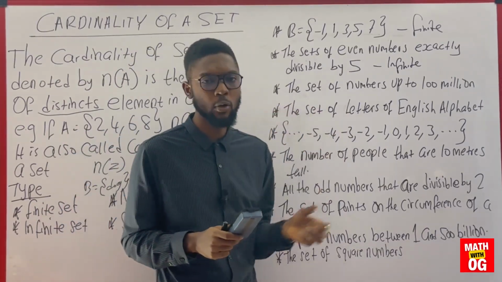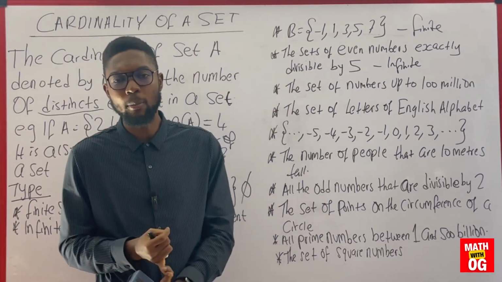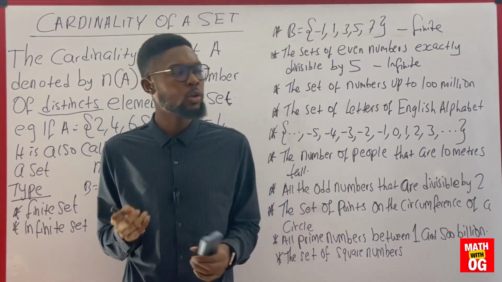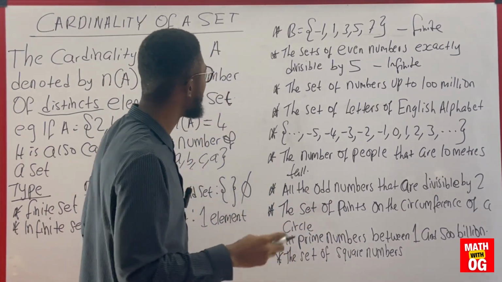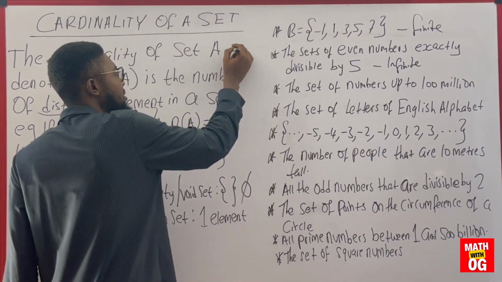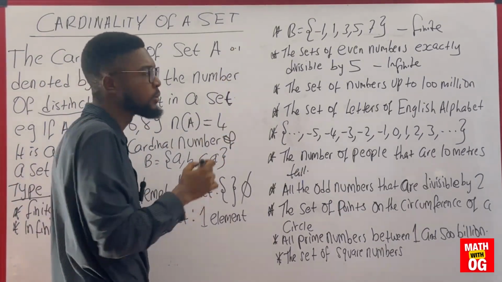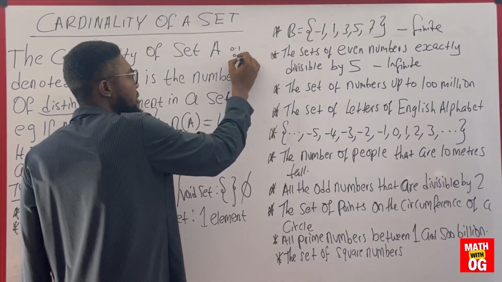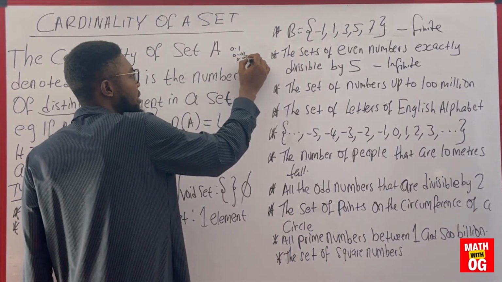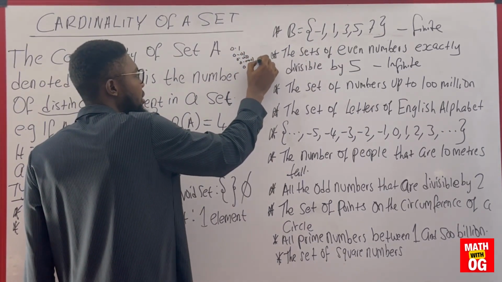However, we are told the set of numbers, be it a rational number or an irrational number. So you can see that in the set of numbers up to 100 million, you have numbers like 0.1, 0.01, 0.001, 0.0001, 0.00001.